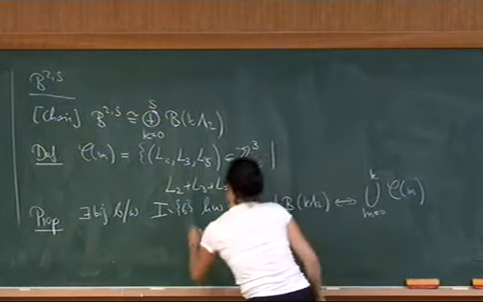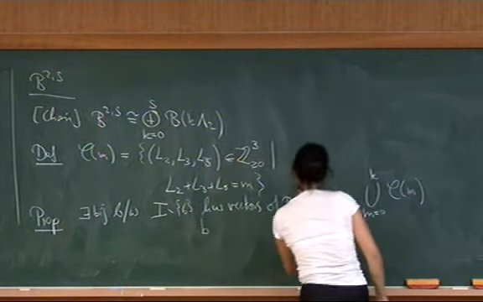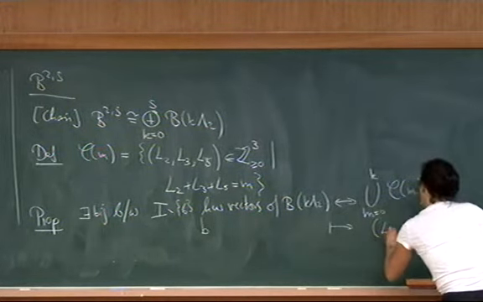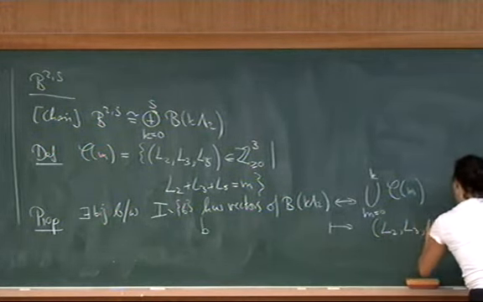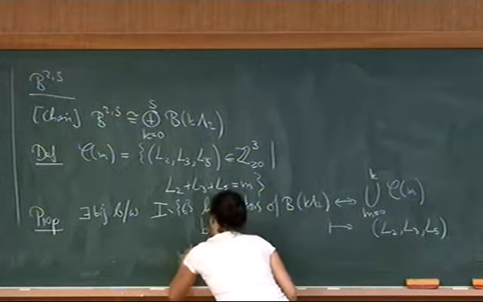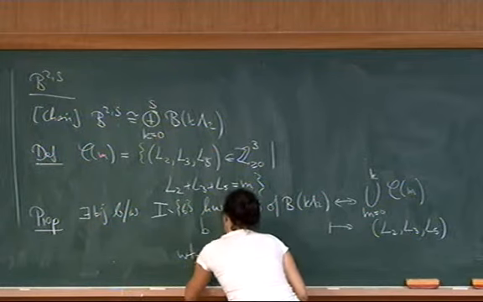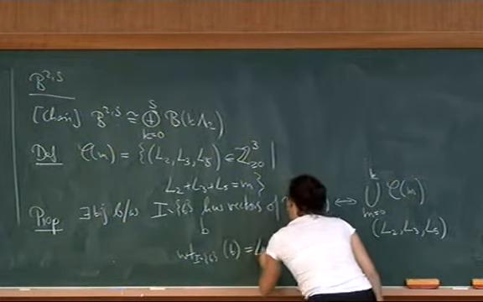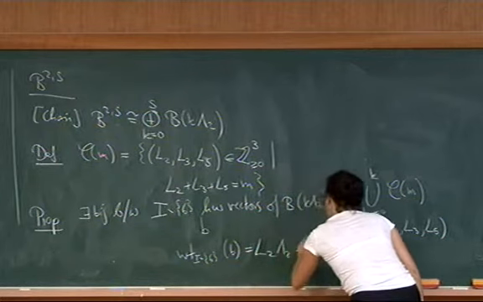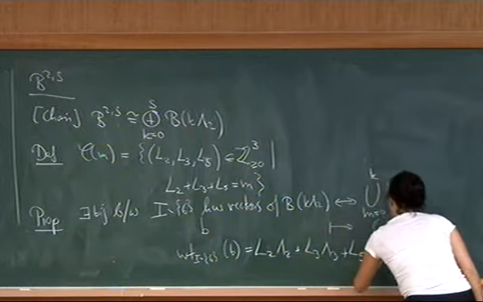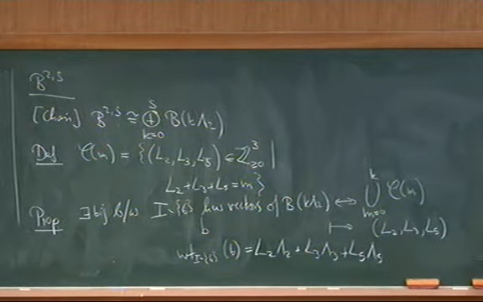And I should say, an element B will be mapped to a triple L2, L3, L5. And the I minus 6 weight of this B is in fact equal to L2 lambda 2 plus L3 lambda 3 plus L5 lambda 5.